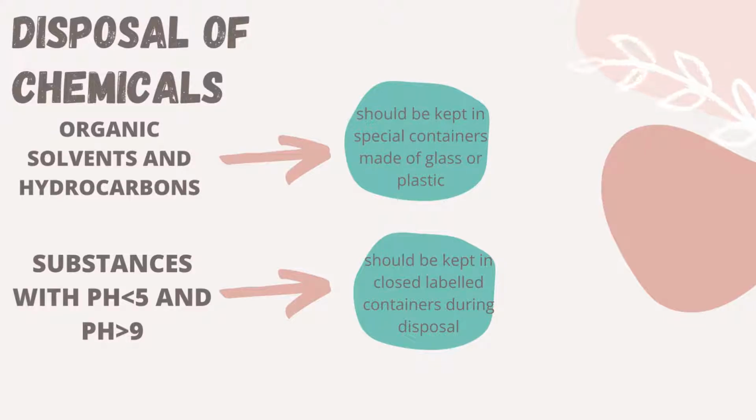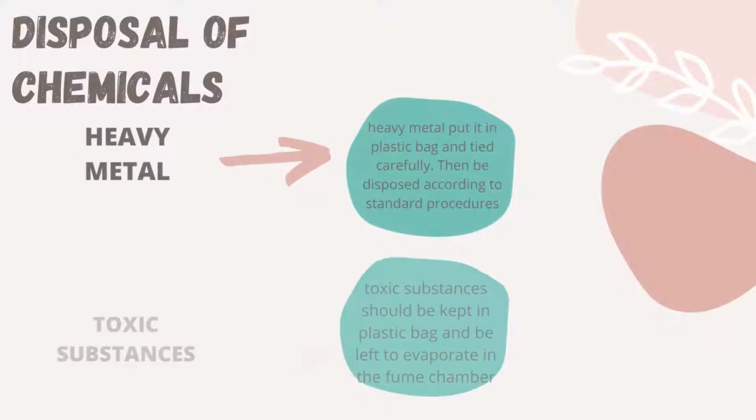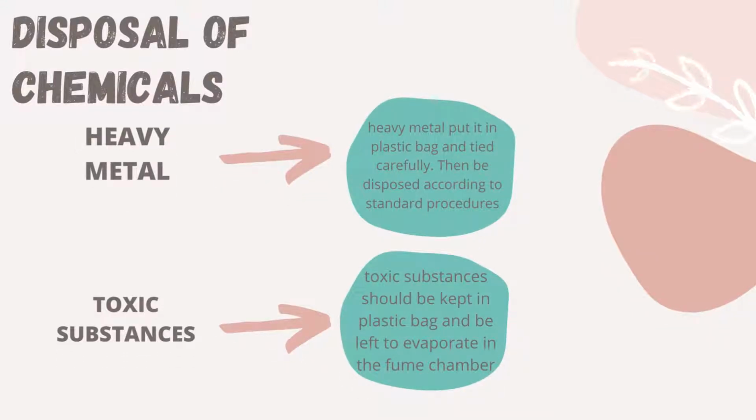Substances with pH below 5 and over 9 should be kept in closed labeled containers during disposal. For heavy metal, put it in a plastic bag and tie it carefully. Then, it can be disposed of according to standard procedures. Lastly, toxic substances should be kept in a plastic bag and left to evaporate in the fume chamber.